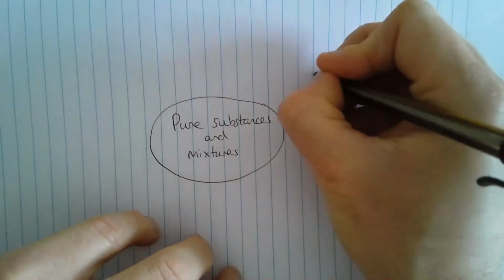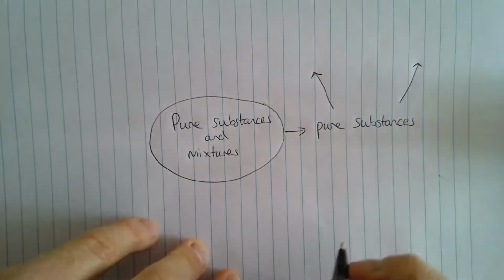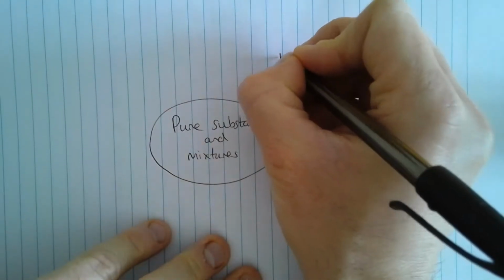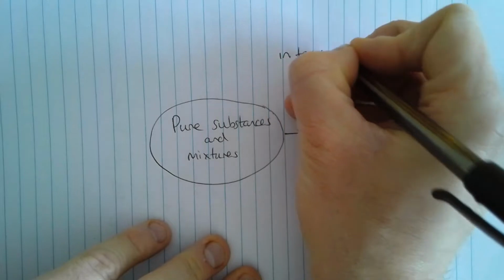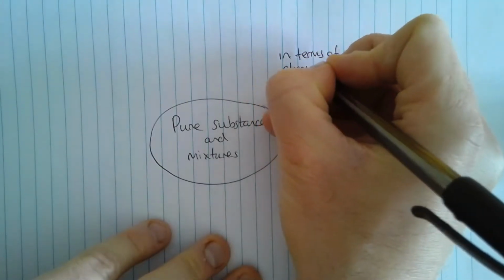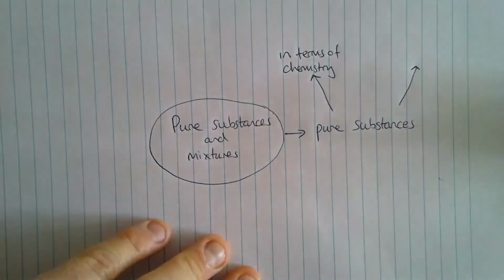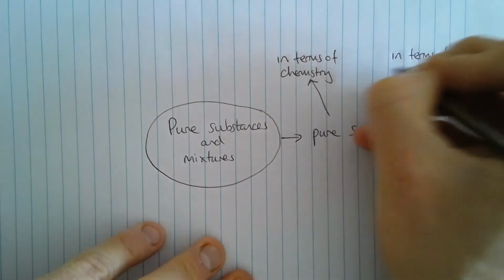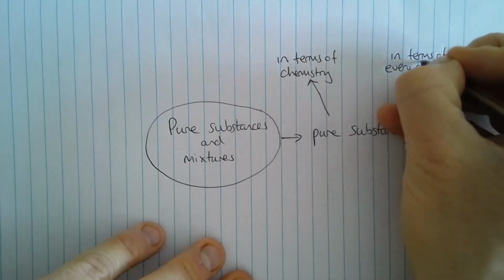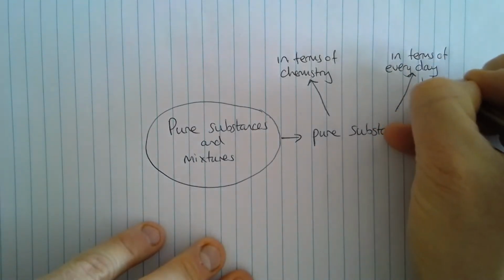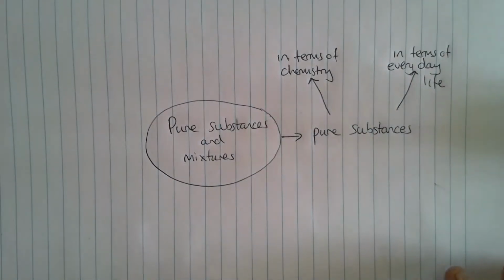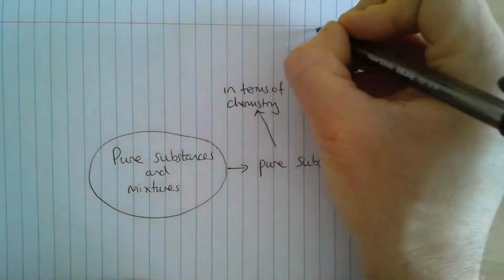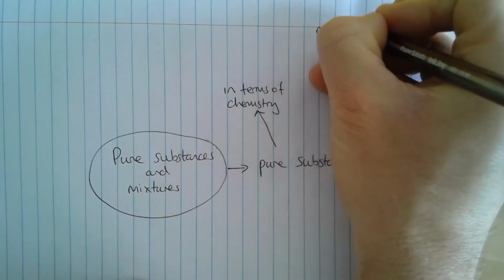Now the word pure or pure substance can have two meanings. It can have a definition in terms of chemistry, and it can have a definition in terms of everyday life. So in everyday life we use it to mean that nothing extra has been added.